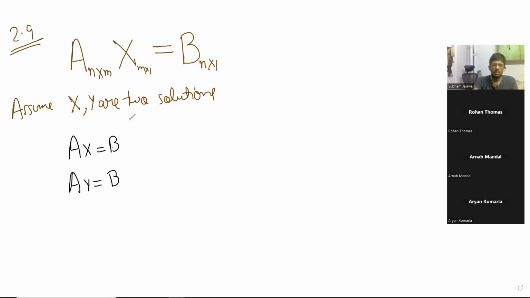We have spent a lot of time studying the homogeneous version, so we will want to solve this using that. So if x is one solution, and let's say y is another solution, then can you produce a solution for A times something equal to 0?